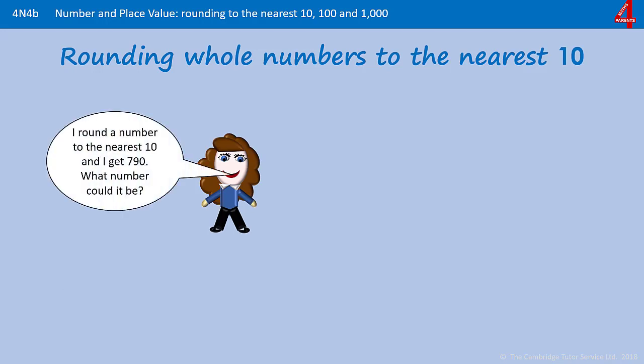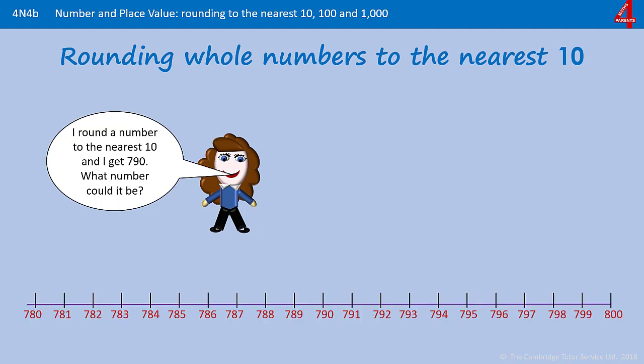Pause the video and have a go at this one. 790, put that in the middle, and we've got 780 on one side, 800 on the other, but which numbers could be rounded up and which numbers could be rounded down to get to 790?